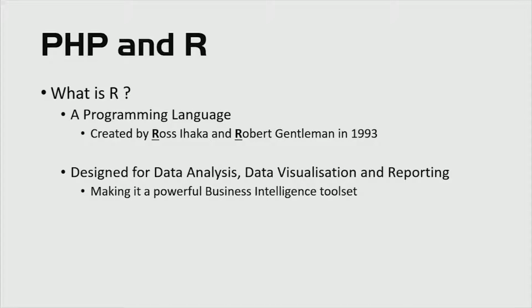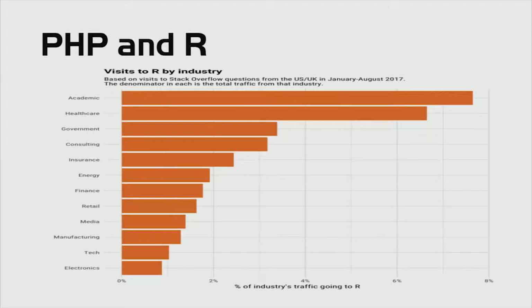That makes it extremely powerful and useful for business intelligence. If you want to go download it and play around, you can find it at this particular URL. The slides will be available afterwards, so you don't need to make a note of it at this point.